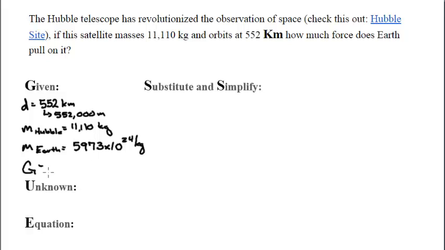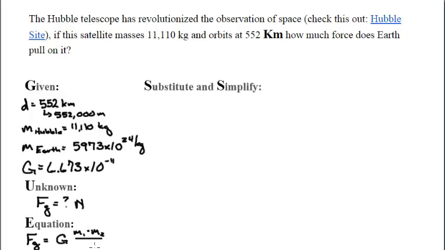I know that G equals 6.673 times 10 to the negative 11th, and I'm looking for a force again due to gravity, and that's going to be in newtons. Mass 1 times mass 2 over distance squared.